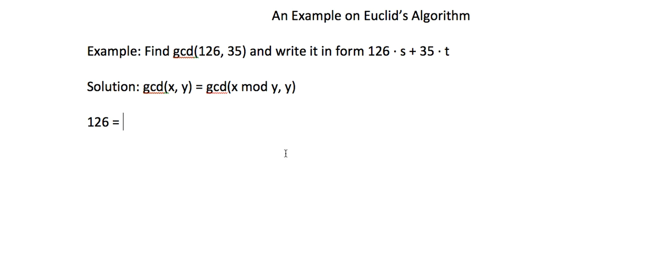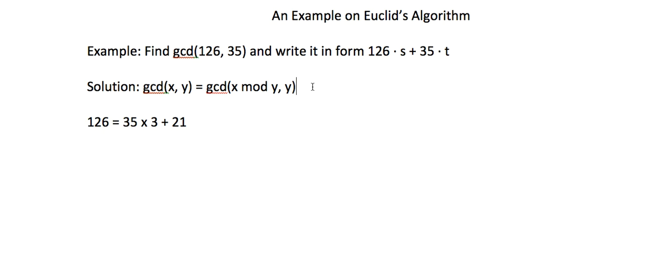That is 126 equals 35 times 3 plus 21. So 126 mod 35 will be 21. Then, based on that, this GCD will be the GCD of 35 and 21.